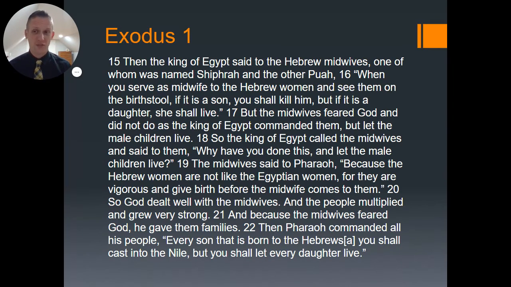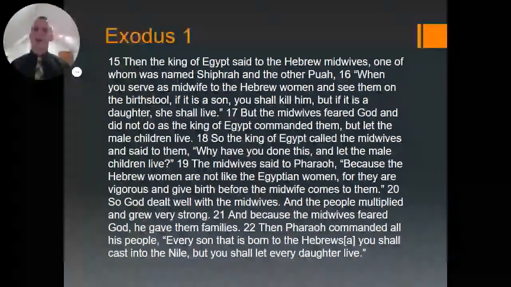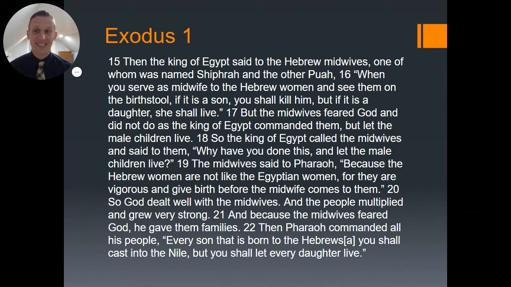But remember, inheritance passes from father to son. It passes through males, right? Well, if you have a generation that doesn't have any sons and only has daughters, who are those daughters going to marry? Well, they're going to have to marry Egyptians.